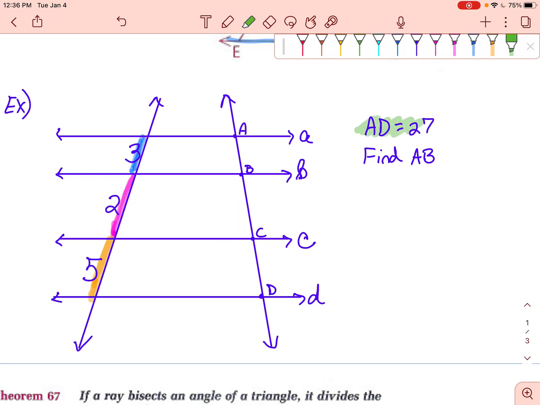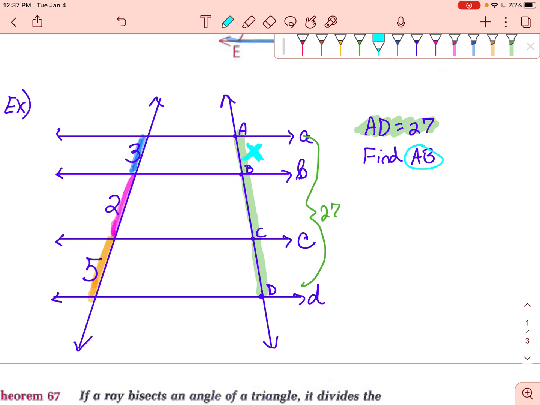The given information is that from A to D, this green segment right here, is 27. So this entire green piece is 27. And it wants us to find AB, so I'm going to fill that in as an X.